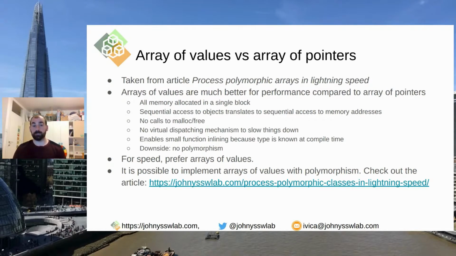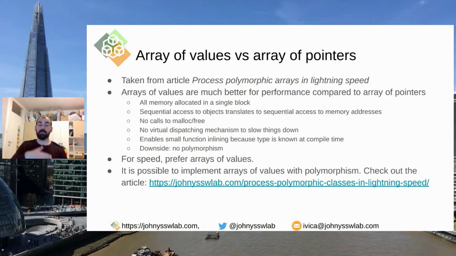There is no virtual dispatching that can additionally slow down your program. This is not related to data caches, but virtual dispatching has its own problems. The compiler can inline small functions if you're using arrays of values, because the type of the object is known at compile time. The downside is no polymorphism.